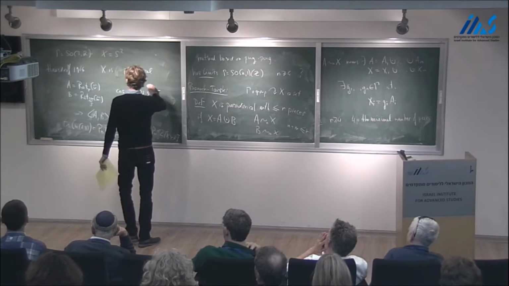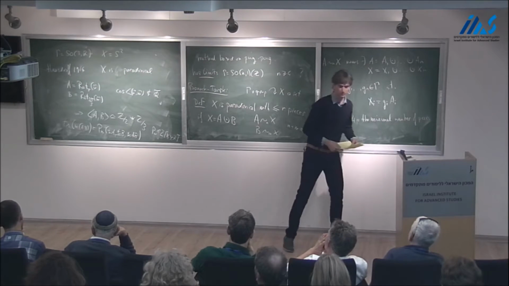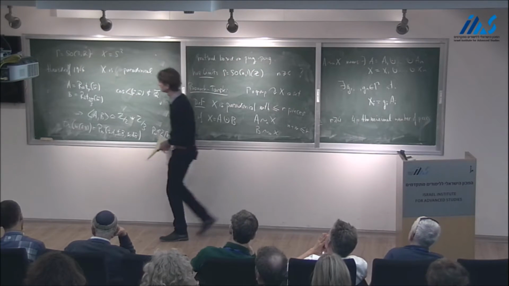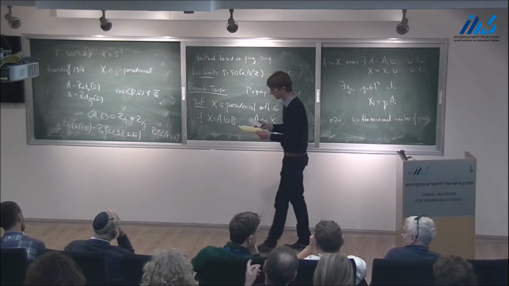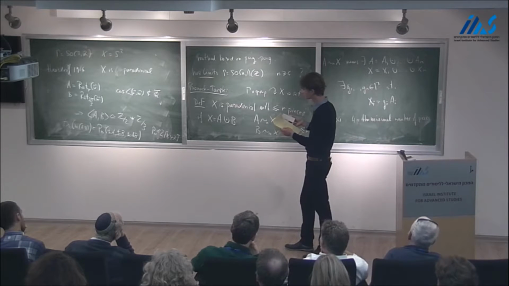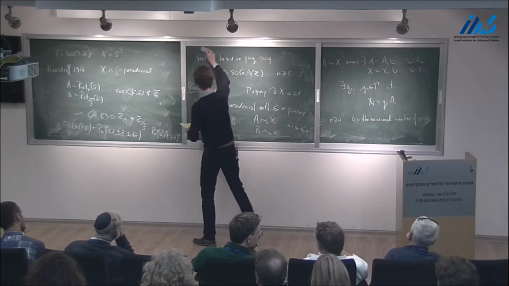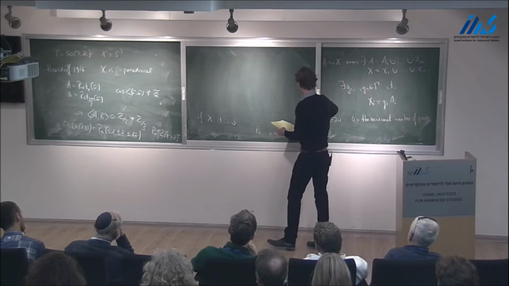Anyway, let's go back to this. What's the connection between being paradoxical and being strongly dense? I'm getting there.